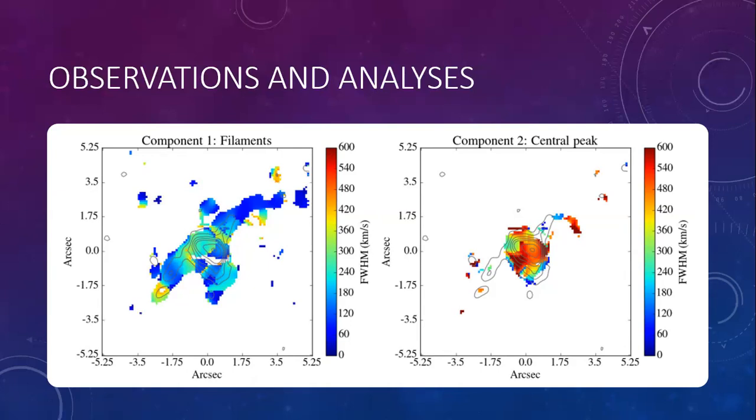Above all, these differences in the velocity properties indicate that the molecular gas cools and condenses from the hot atmosphere and falls toward the galaxy center, providing the fuel for the AGN positive feedback mechanism.